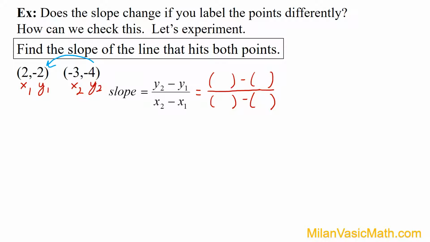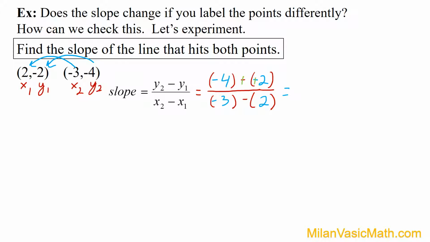So that is -4 minus -2, then -3 minus 2. What do I get here? Well, same thing as before. Keep the -4, change the minus to a plus, change the -2.